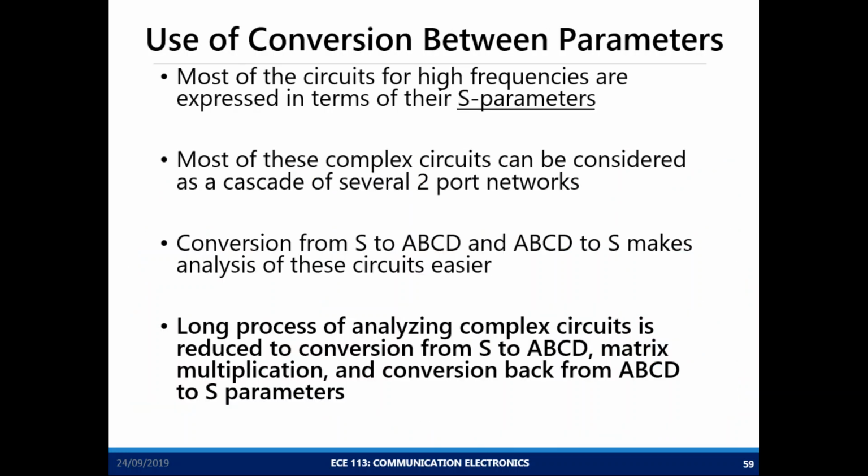So most of these high-frequency circuits are expressed in terms of their S parameters, since S parameters are actually the easiest parameters to measure in terms of frequency. Okay? And a lot of these complex circuit networks can be considered as cascaded two-port networks. And if you convert these S parameters to ABCD and then cascade them, multiply the ABCD matrices, and then convert them back, it makes it easier for you to analyze the circuit.